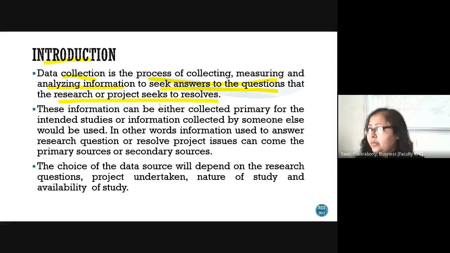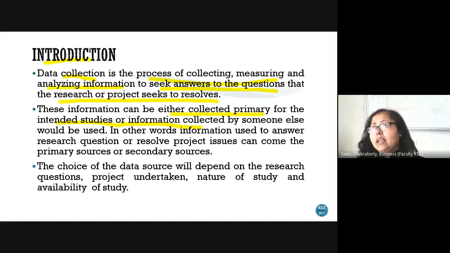This information could be collected as primary data, for intended studies, when you're collecting information for the first time with no prior information. That's called primary data.